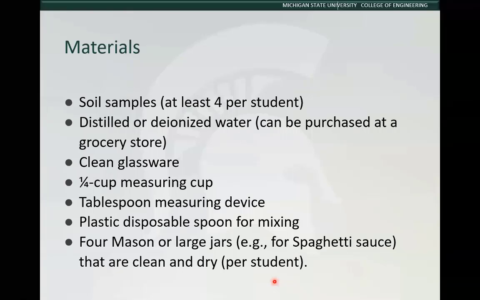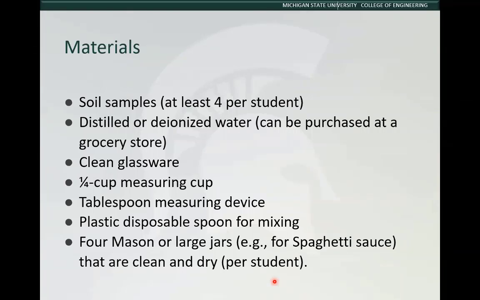You'll need some clean glassware. You'll need a 1/4 cup measuring cup, tablespoon measuring spoon, and some plastic disposable spoons for mixing. You'll need 4 mason or large jars. You can use a spaghetti sauce jar.